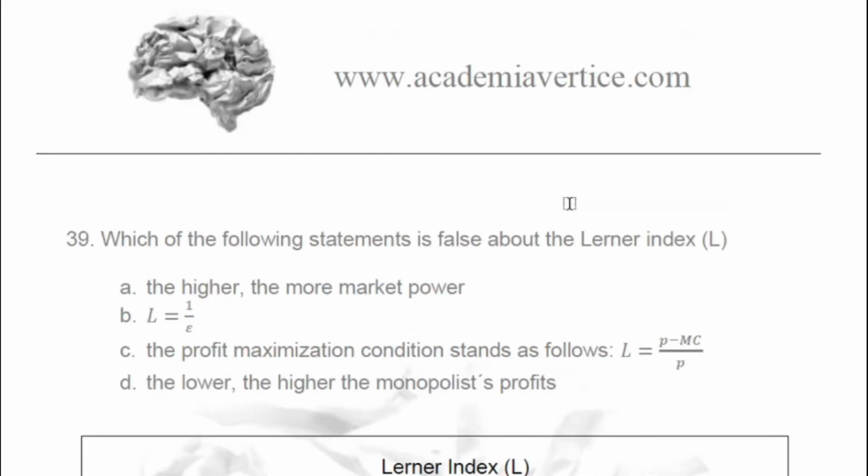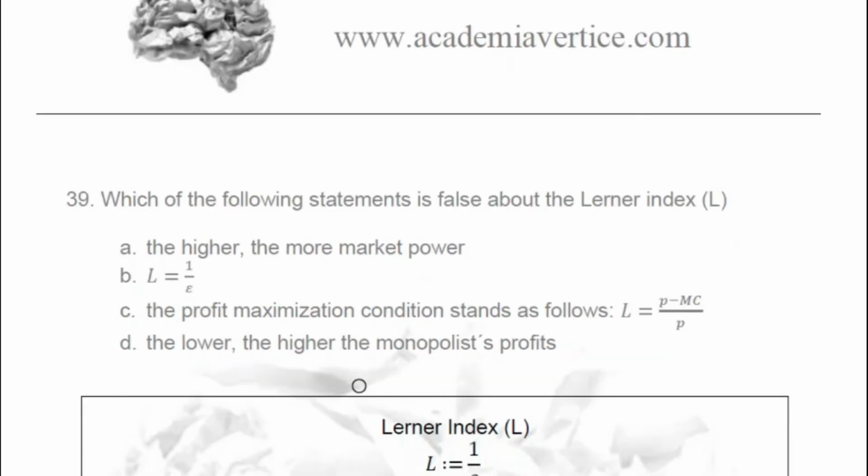Perfect. Now, 39th. Which of the following statements is false about the Lerner index? Okay, let's learn what the Lerner index is, I usually explain it in class. We do the differentiation of the total revenues, and we find that the inverse of the elasticity is important in the decision of a monopolist.